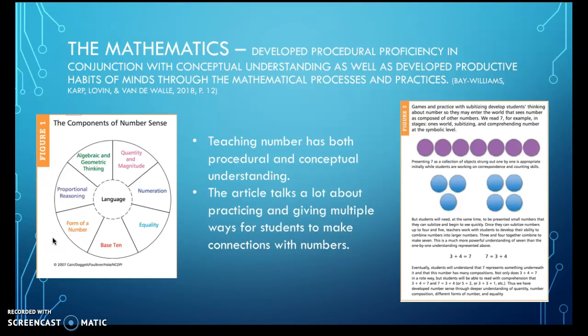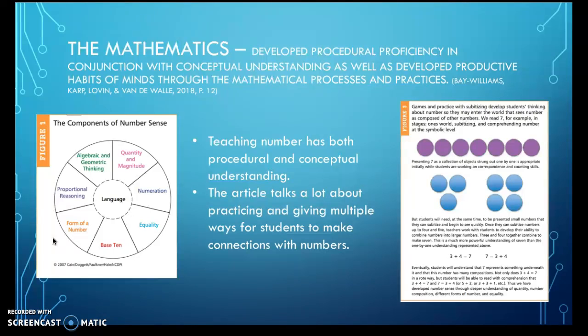As I looked at the 5 dimensions of a productive classroom, I decided to talk about the mathematics. Our book states that this is developed procedural proficiency in conjunction with conceptual understanding as well as developed productive habits of mind through the mathematical process and practices.